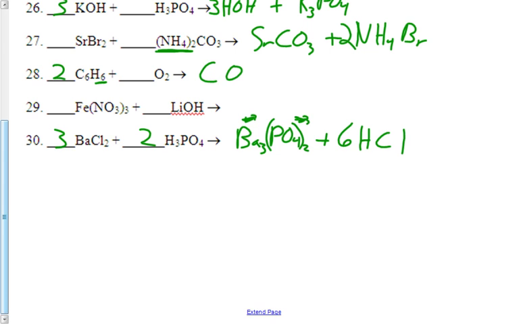Our products are CO2 and water, as they always are. 2 times 6 is 12, so I need a 12 there. 2 times 6 is 12, so I need a 6 here. 12 times 2 is 24 plus 6 more is 30. And 15 times 2 is 30. As long as you have carbon and hydrogen together, always obey those rules.